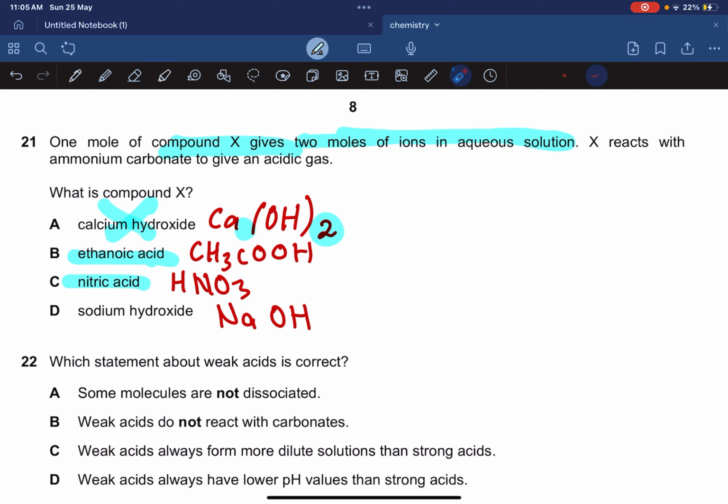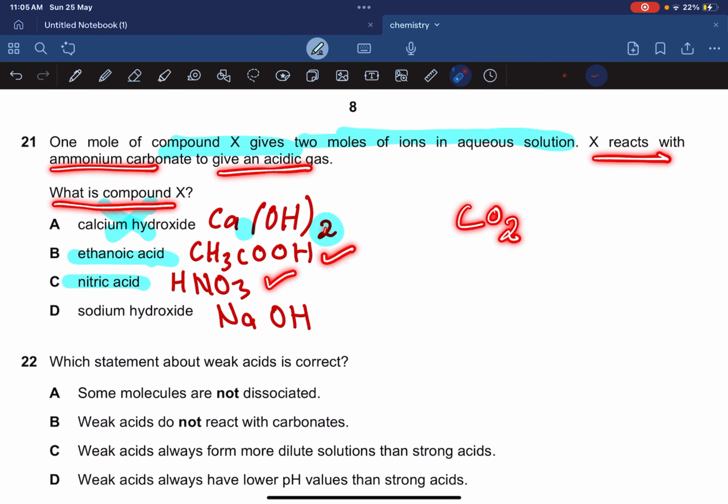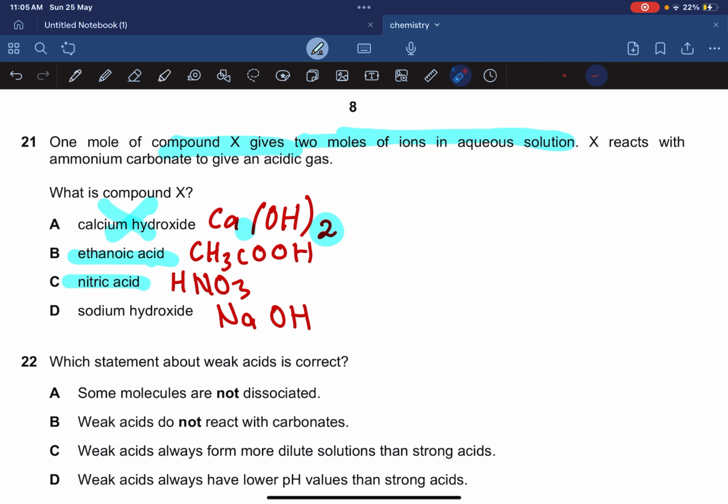1 mole of compound X gives 2 moles of ions in aqueous solution. Both give 2 moles. X reacts with ammonium carbonate to give an acidic gas, which will be carbon dioxide. What is compound X? It could be ethanoic acid or nitric acid. Both give 2 moles of ions per mole.